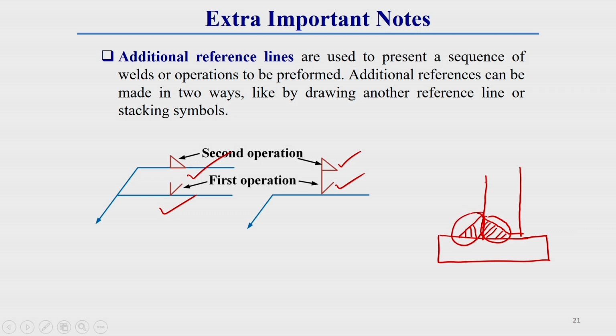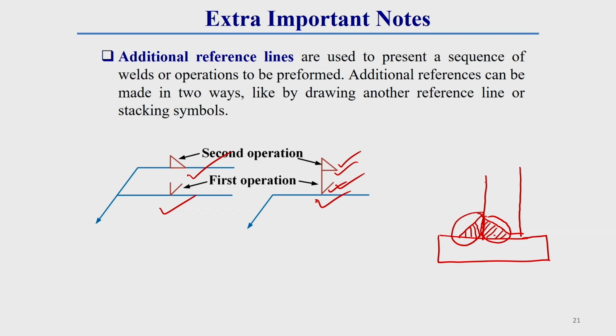So, what happens if it is on the same side: for this case we can use a welding symbol which has a single vertical line with two different operations. Here the bevel welding is done on the arrow side itself, and on the same arrow side we did some fillet welding also. So, if this type of thing is there, we can use this type of welding symbol. That means in a single vertical line we can provide two or three, whatever number of operations is required, if it is on the same side.